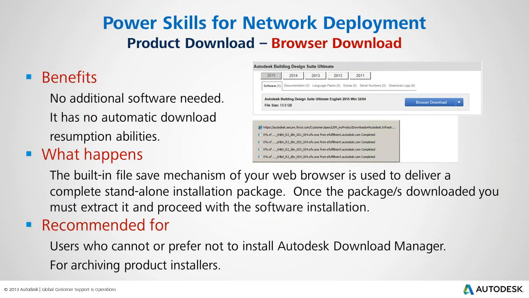So the second option is the browser download. That's something I really like, because with the browser download method, you're downloading self-extracting installers onto your system. If you're downloading a suite product, and I picked the Building Design Suite because it's one of the biggest suites, it's going to have four different parts.